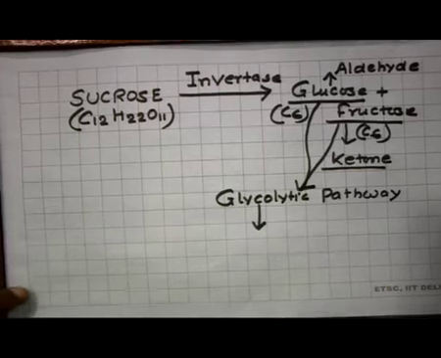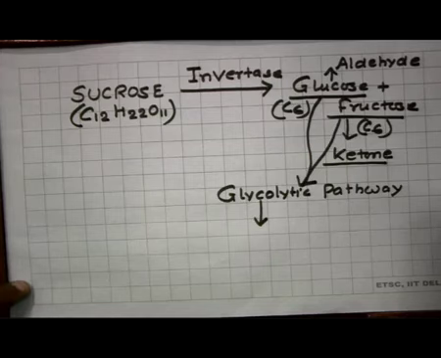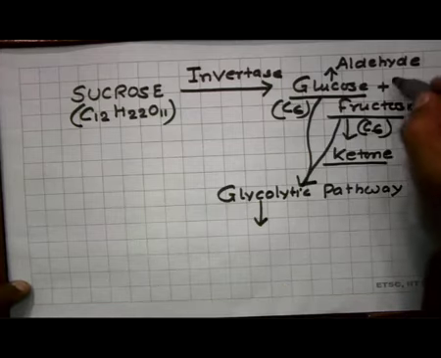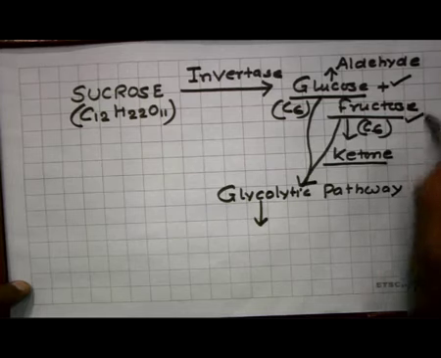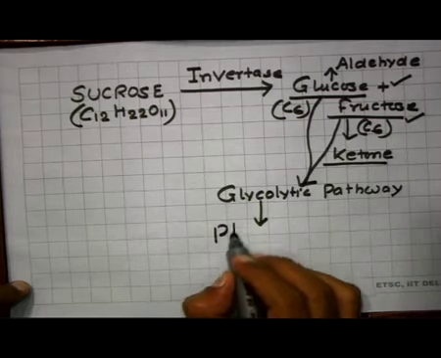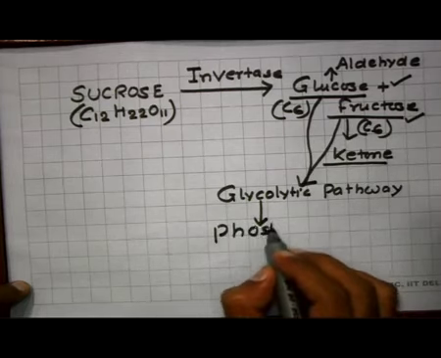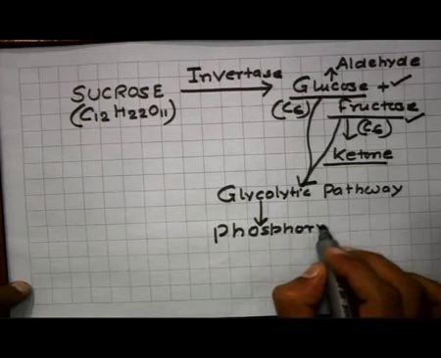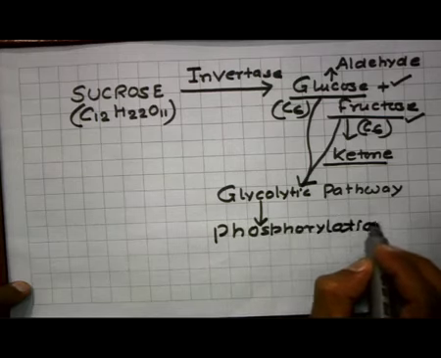In the first step of the glycolytic pathway, both glucose and fructose molecules are going to be phosphorylated. Phosphorylation takes place.